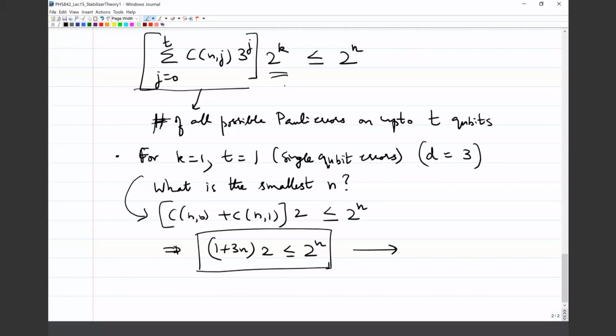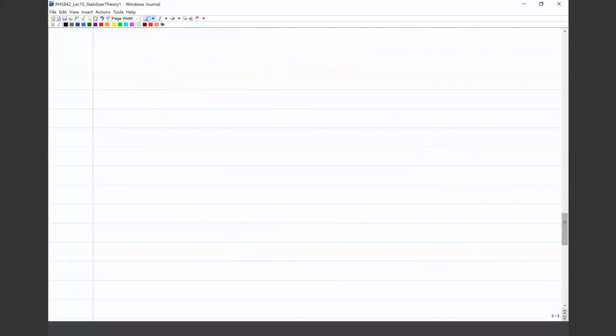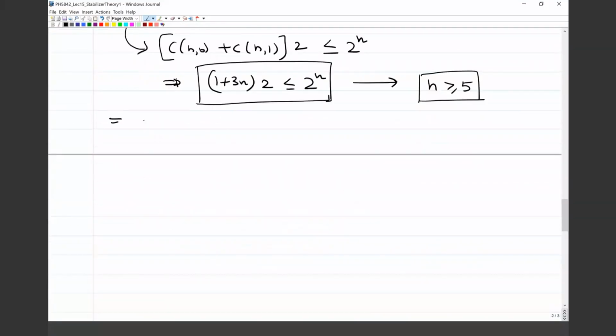I hope you can see the smallest solution is 5. So this tells you that n is greater than or equal to 5, right? So the shortest general purpose quantum error correcting code is a [[5,1,3]] code.